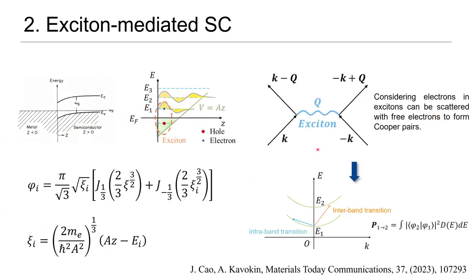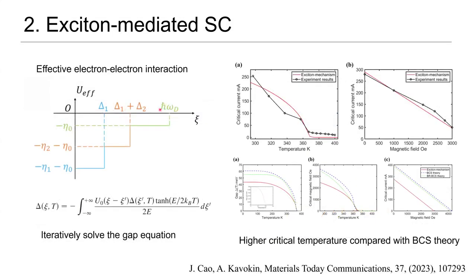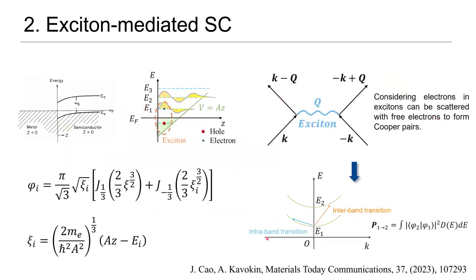I will explain them in this way. Here we see the cutoff energy. The cutoff energy is exactly the energy difference between the energy levels. For example, delta 1 means the intraband transition.